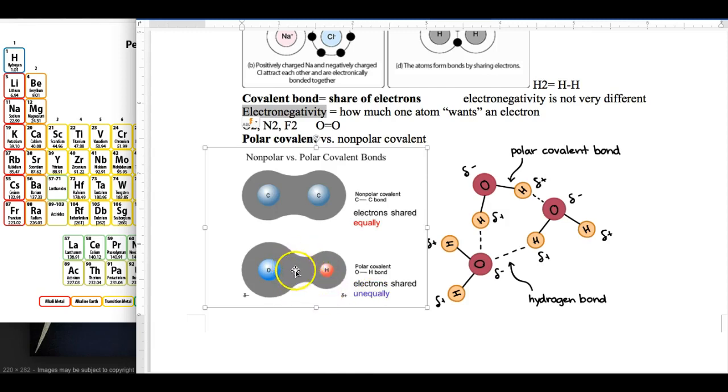The electrons being shared are still between this oxygen and this hydrogen, but they're shifted toward this oxygen a little bit, which makes this oxygen slightly negative, or partial negative, and makes this hydrogen partially positive, right? Electrons are negative, so if they are closer to the oxygen, that makes the oxygen slightly negative and the hydrogen slightly positive.